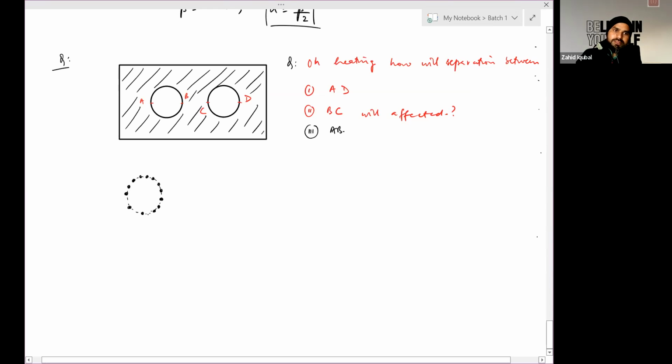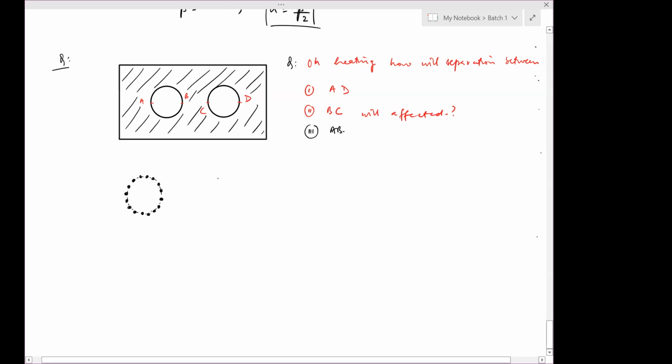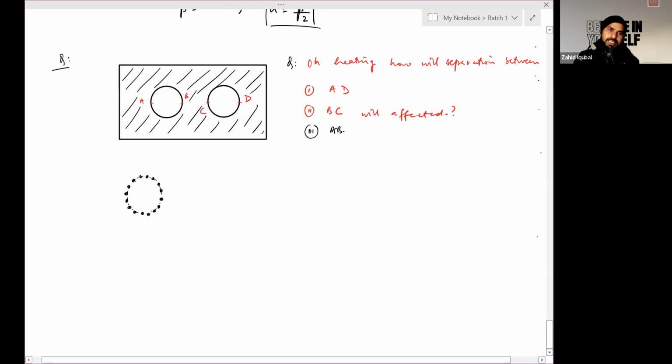So what will happen on increasing temperature? Will the separation between particles decrease or increase? Hamza? Increase. Good. So initially, particles are arranged like this, having very small separation or negligible gap in between them. So on increasing temperature, separation between each particle will increase.